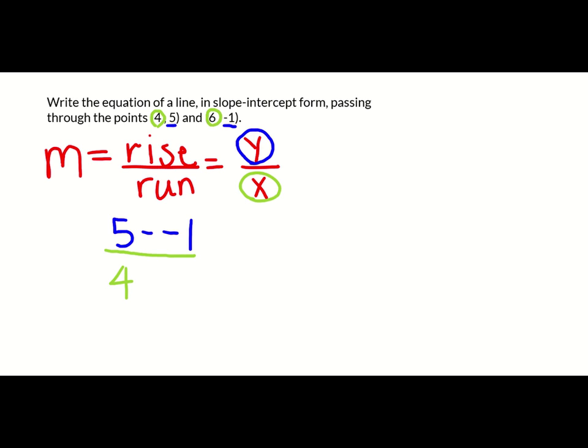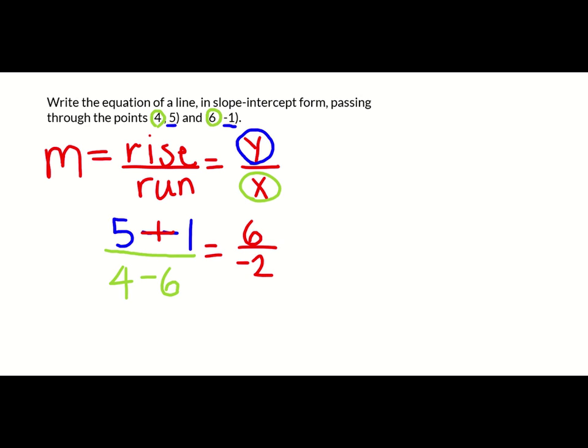So this would be 4 minus 6. Once you figure out your y values and your x values, you then need to actually perform the math. So 5 minus a negative. Well, 2 negatives make a positive, so 5 plus 1 is 6, and 4 minus 6 is negative 2.